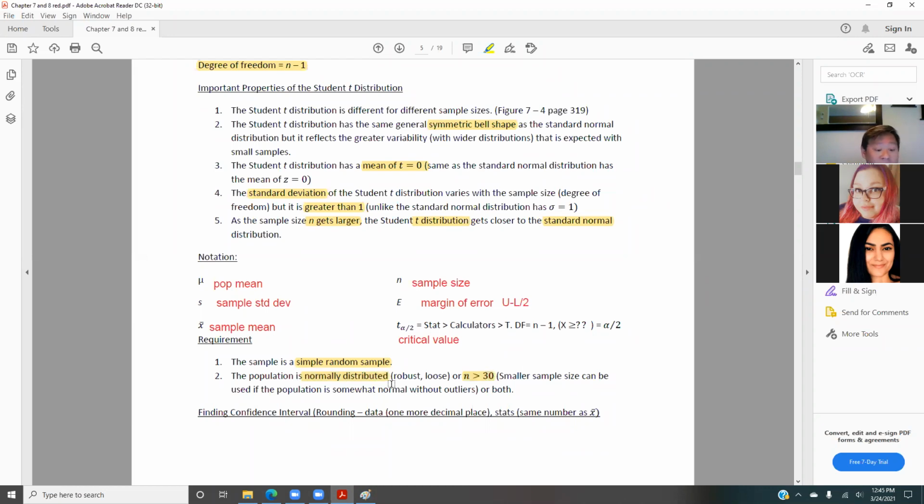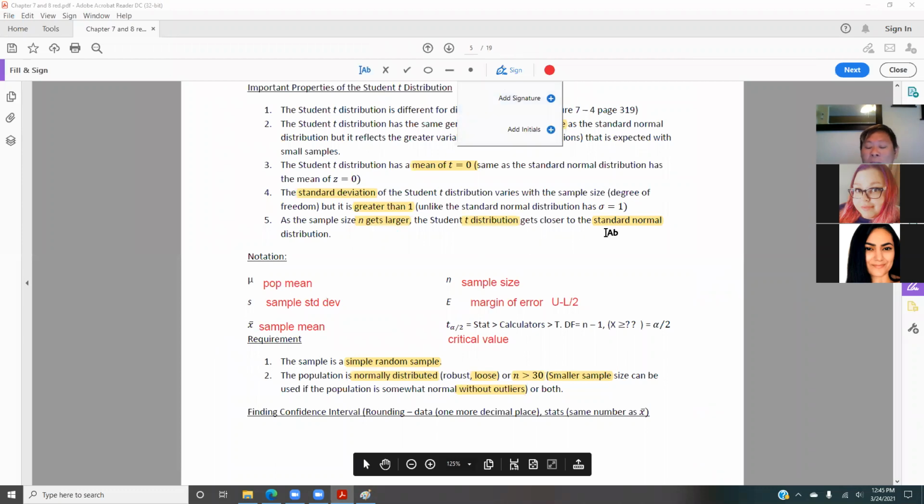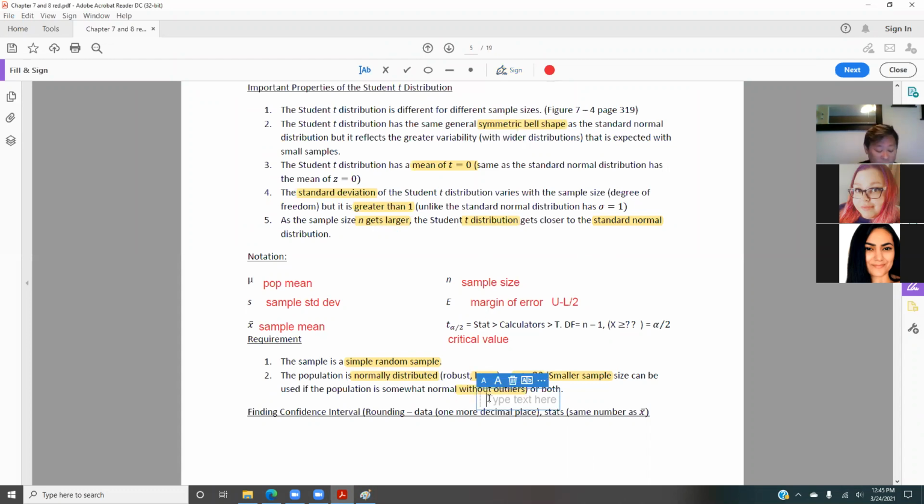And I told you before, this second requirement is loose. The reason is that you can still use a smaller sample size, but make sure that it does not have any outliers. So how do you figure out outliers if you only have, let's say, 15 students instead of 31 or 50? It's very easy. You draw the box plot.